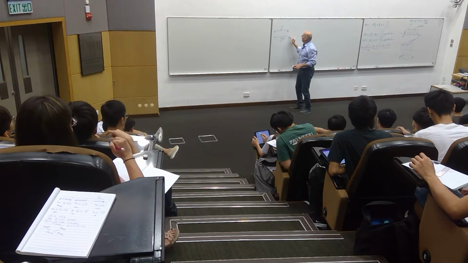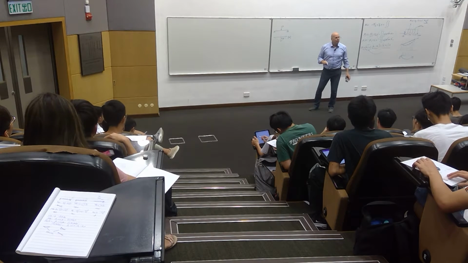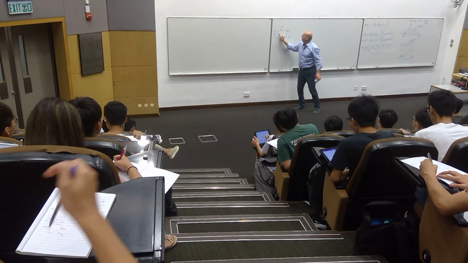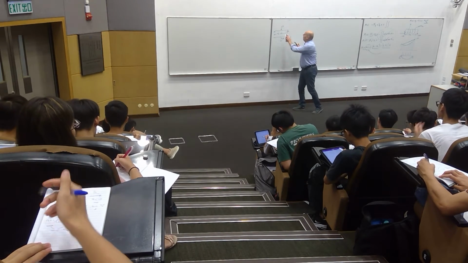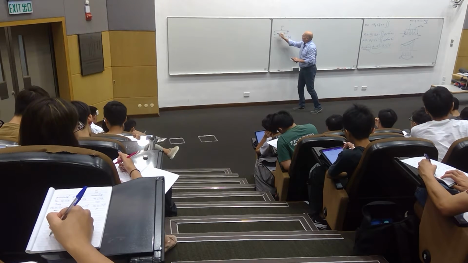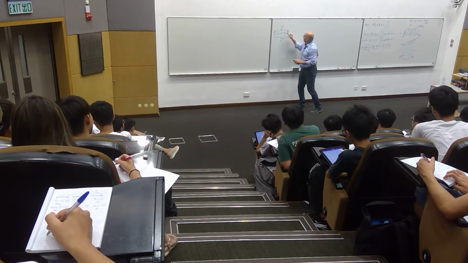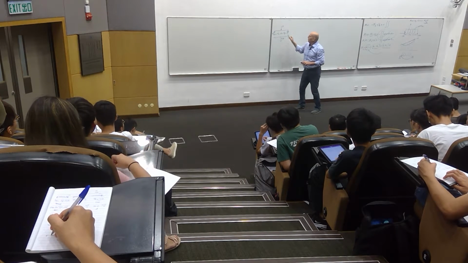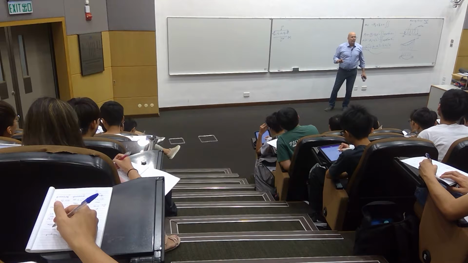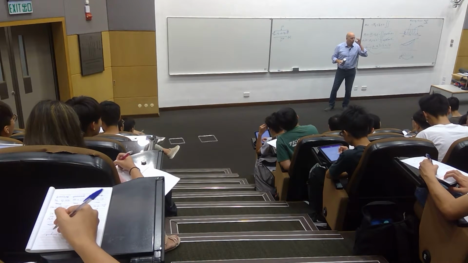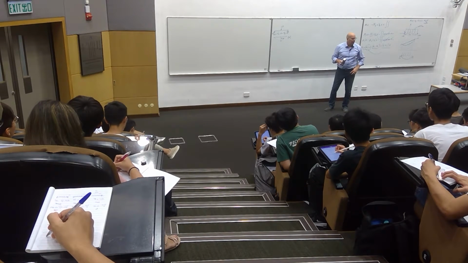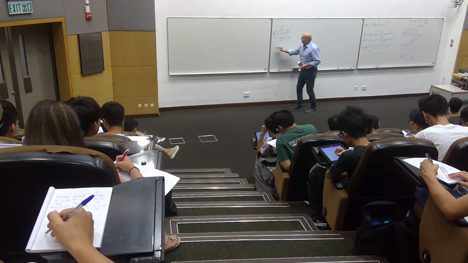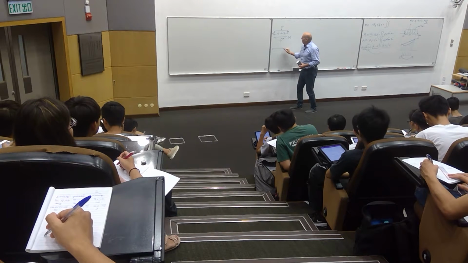That's the moment diagram for a simply supported beam of length L, with L over 2, L over 2. We know that this is P over 2, this is P over 2. So the moment up to this point is P over 2 times L over 2, which is PL over 4. We should know that a concentrated load gives a triangular moment diagram.